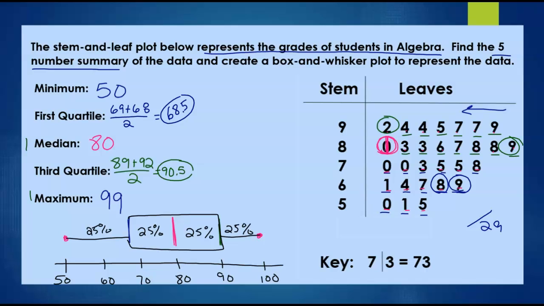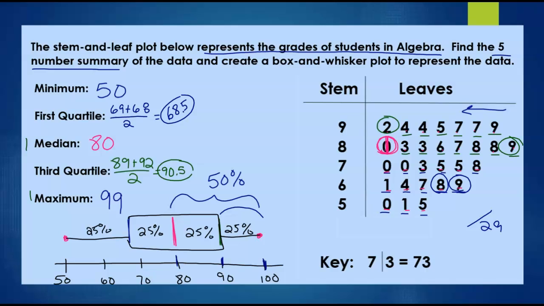If I interpret this box and whisker plot, I know that from here to here is 25% of our algebra student scores. So that's pretty cool because they're scoring from 90.5 to 100 there. From our median to our maximum is 50% of the algebra students, and they're scoring an 80% and above to 99%.